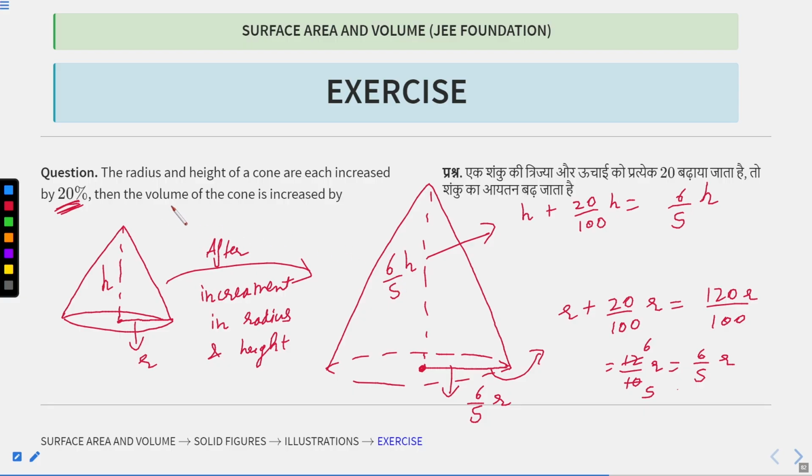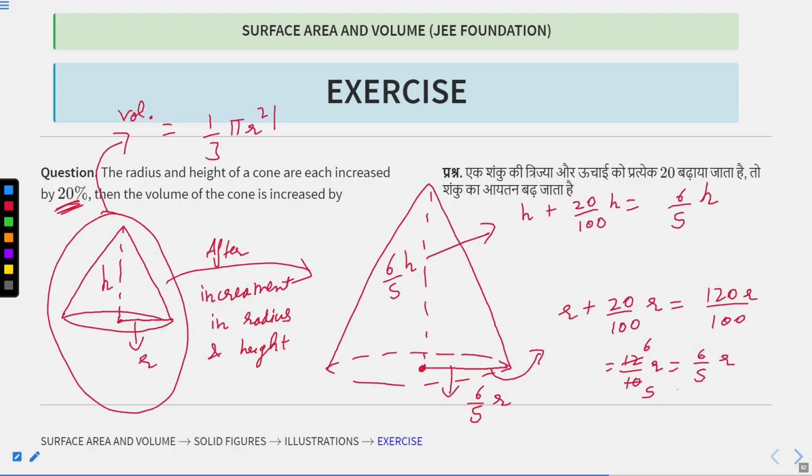Then we have to find out by how much the volume of the cone is increased. If you recall, the volume formula for the cone is just 1/3 of the volume of the cylinder. The volume of the cylinder is pi r square h. I hope this is clear.